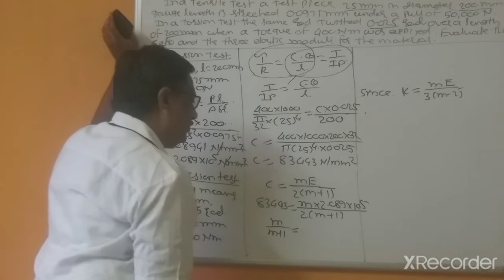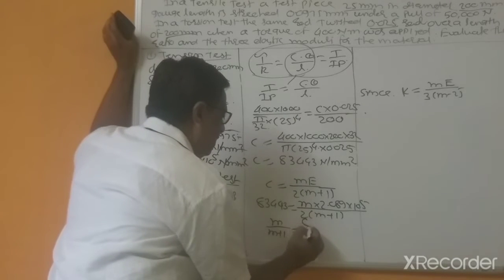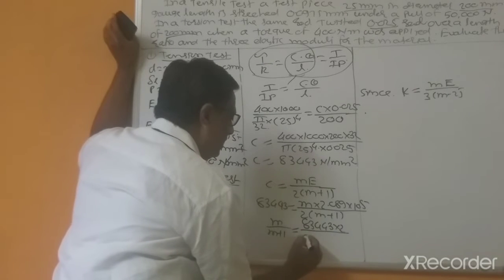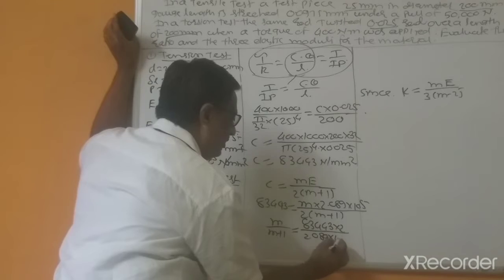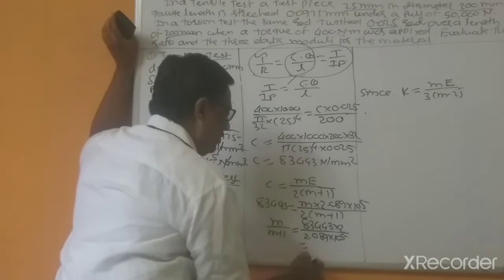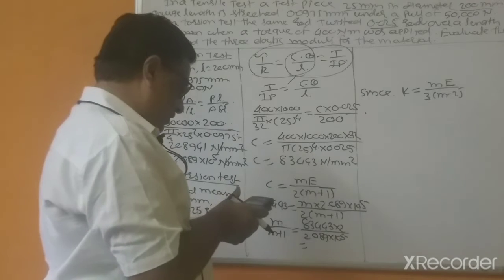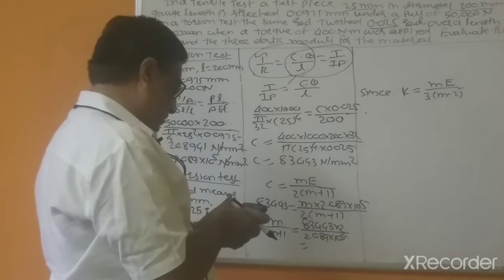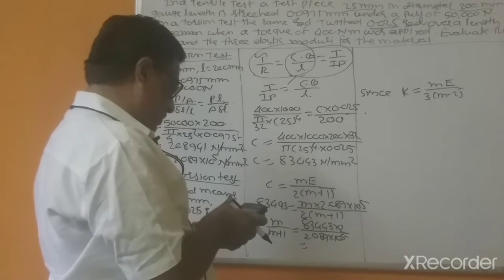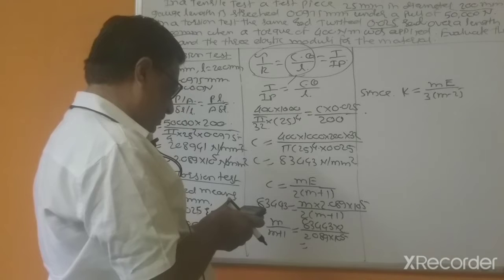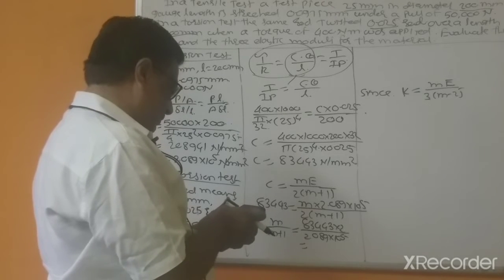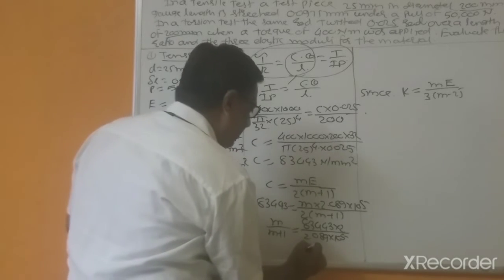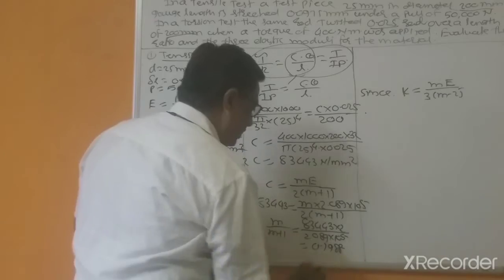So this is m plus 1 equal to 83443 multiplied by 2 divided by 2.089 times 10 to the power 5, which is 0.7988.